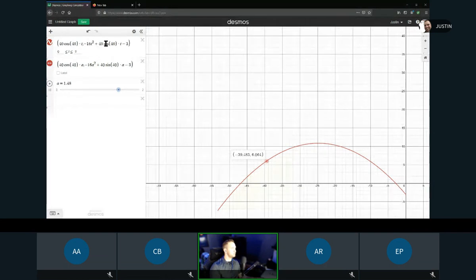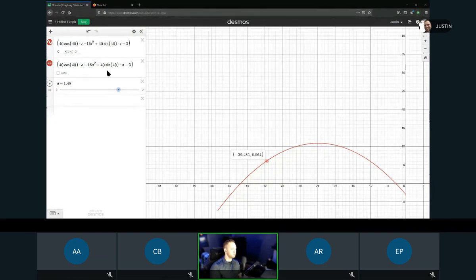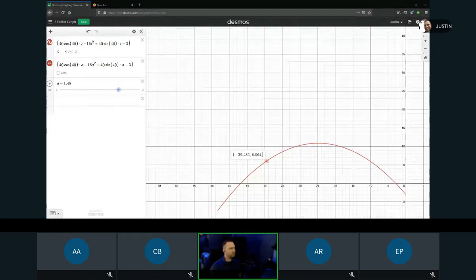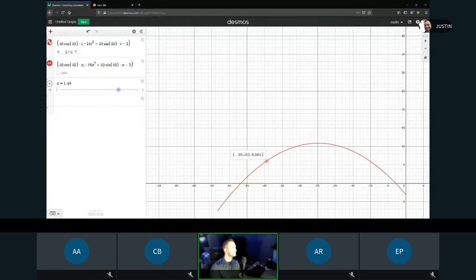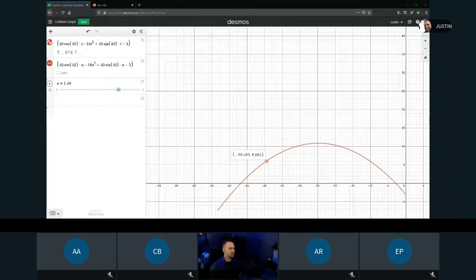Let's see, 40 cosine 40t, 40 cosine 40t. And then 16t squared plus 40 sine t.